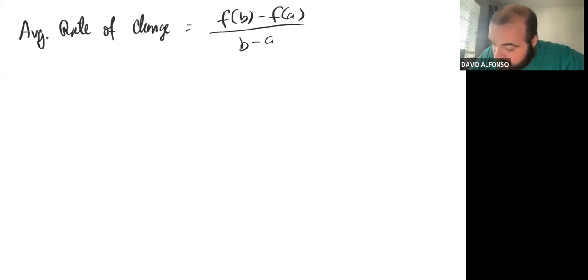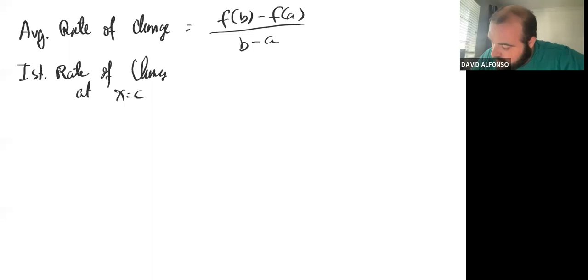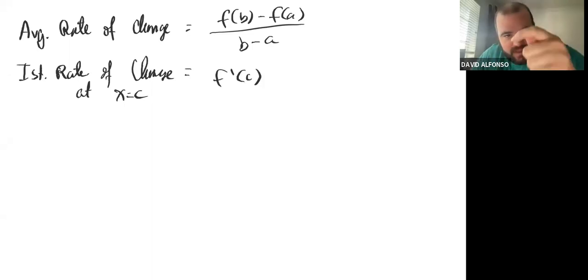But if you're asked to find the instantaneous rate of change at x equals c, that is f prime of c. That's the instantaneous slope at c.